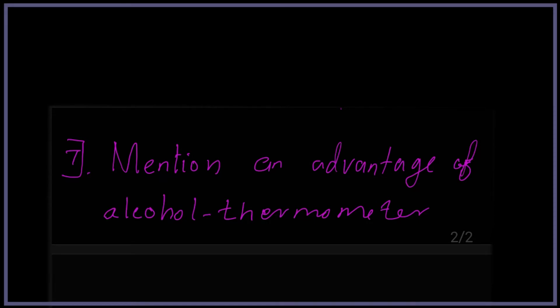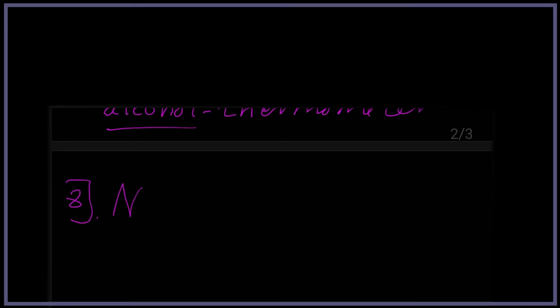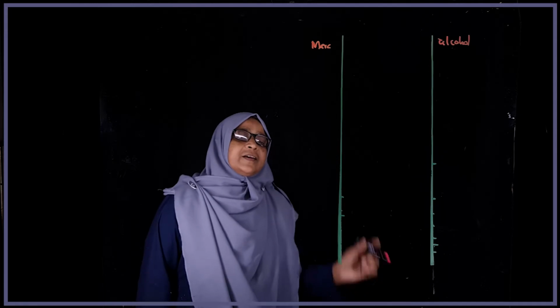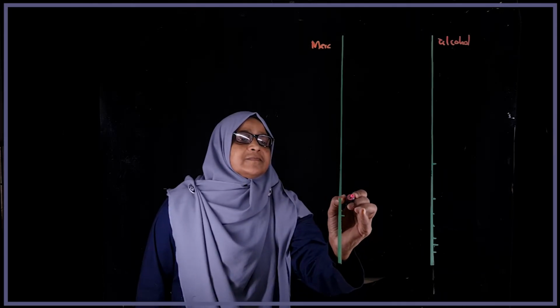Mention an advantage of alcohol thermometer. Mention a disadvantage of alcohol thermometer. Okay, we say this line is mercury. This line is about alcohol. Now, this is 0 degrees Celsius.